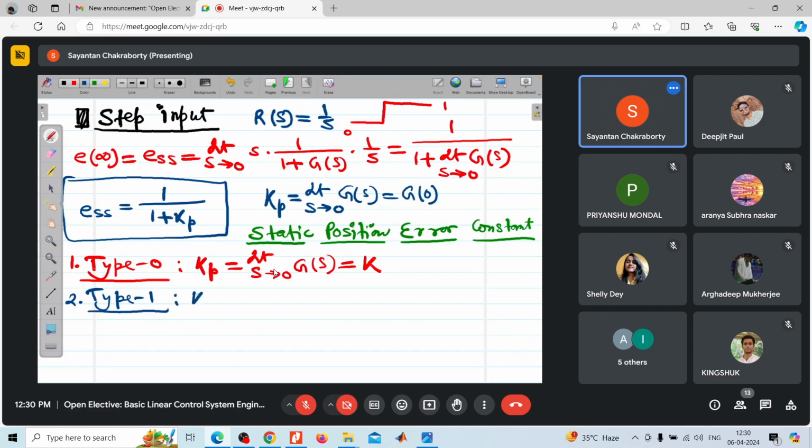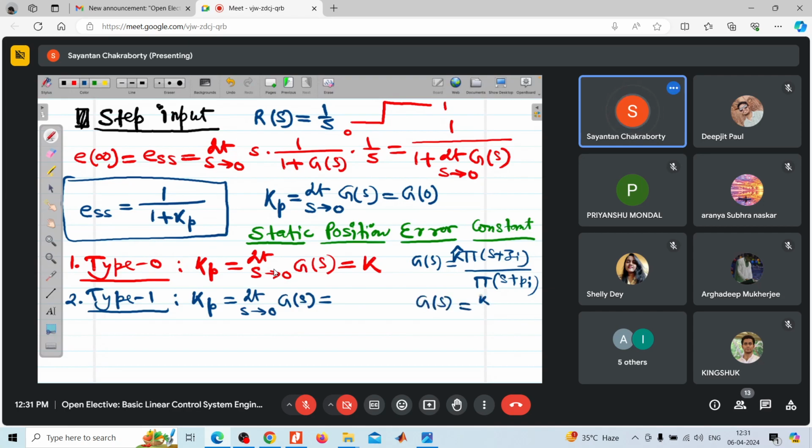For a type 1 system, what will be Kp? There is a 1 by s factor. So in this case, for a type 0 system, G(s) is k (s plus zi) by (s plus pi). So it is k tilde because the zi by pi factors will come. So for a type 1 system, it is basically G(s) is equal to k tilde (s plus zi) by s.